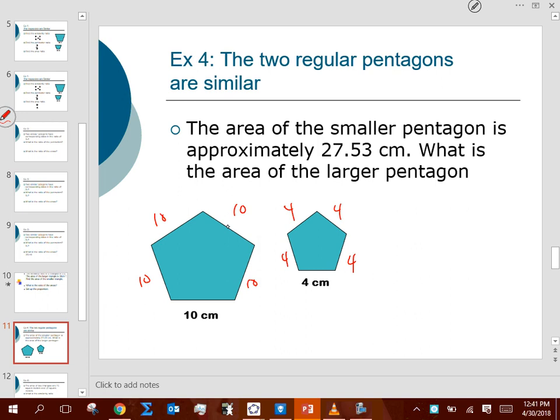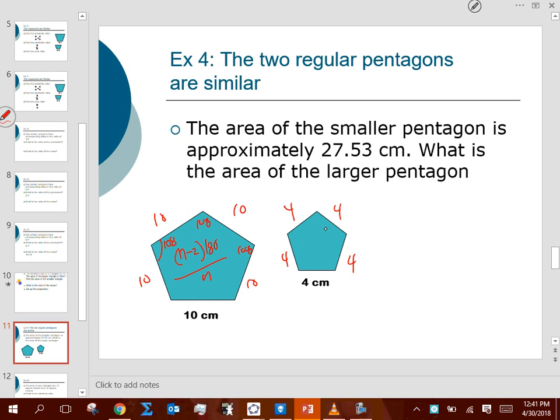We also know that that individual angle is n minus 2 times 180 divided by n. So if I do that, I get 540 divided by 5 gives me that angle to be 108 degrees. If it's regular, they're all 108 degrees.